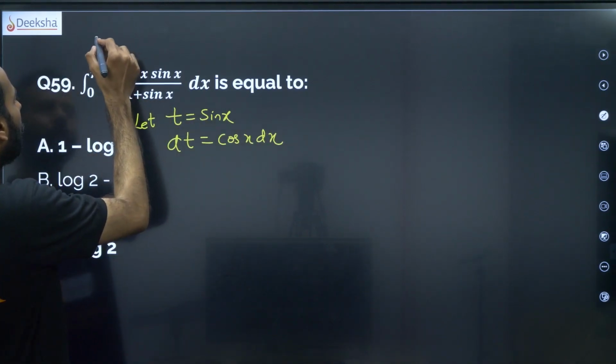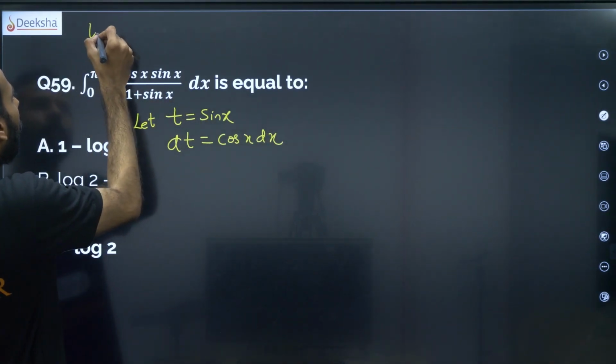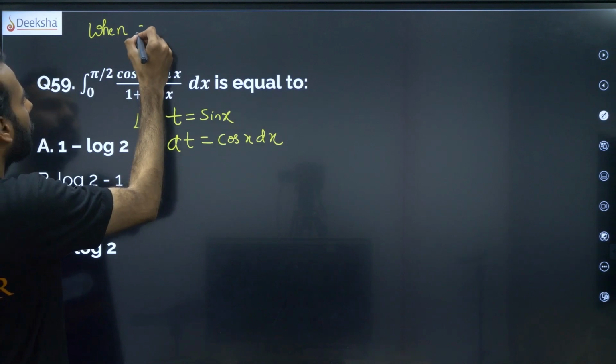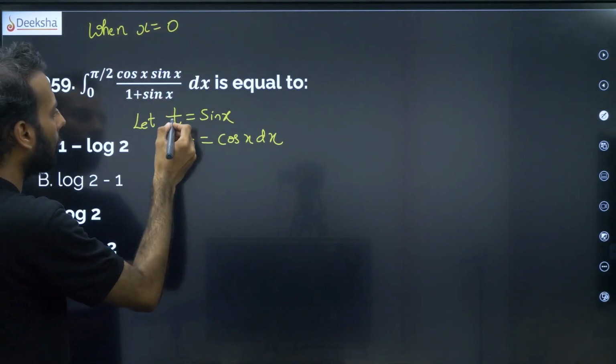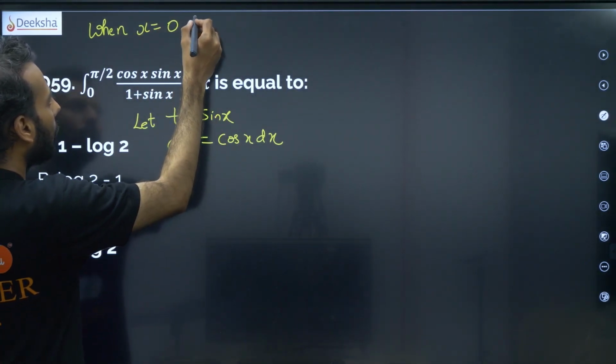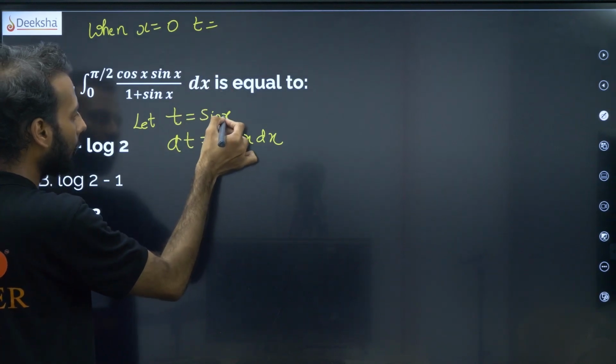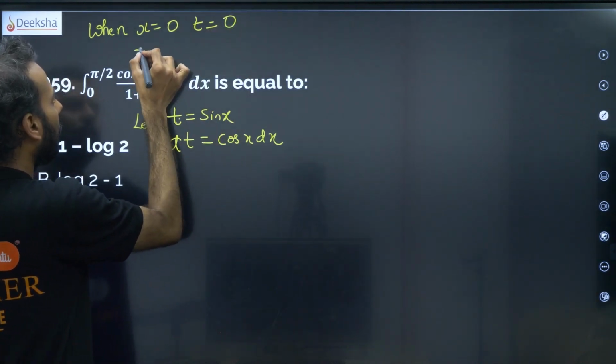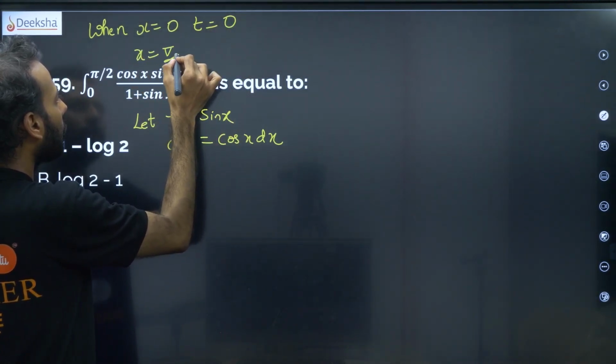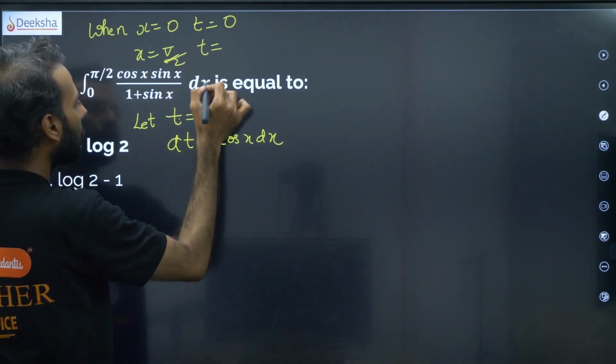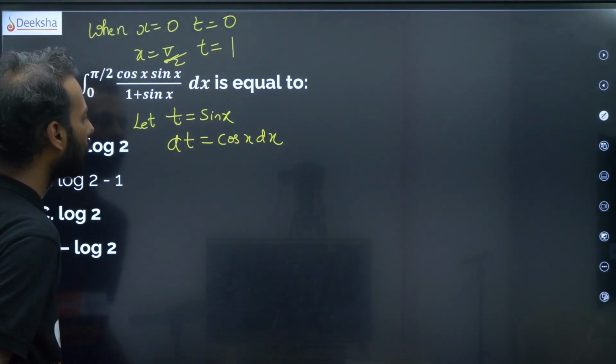Also when x is 0, t will become 0. Next, x is pi by 2, t is 1, since sin pi by 2 is 1.